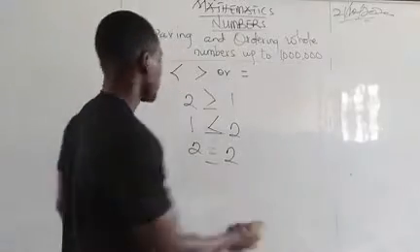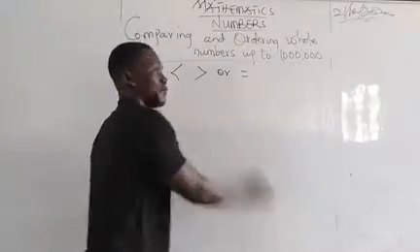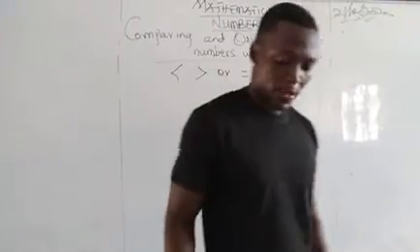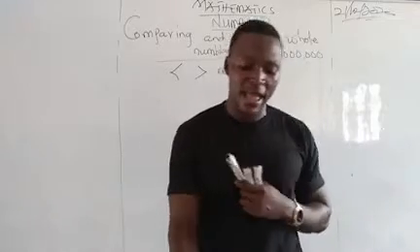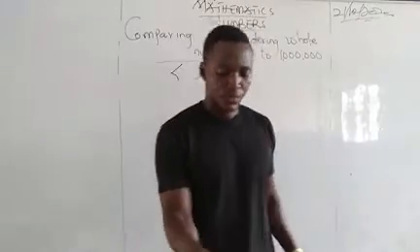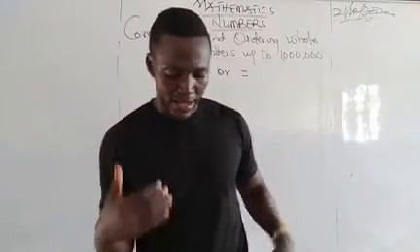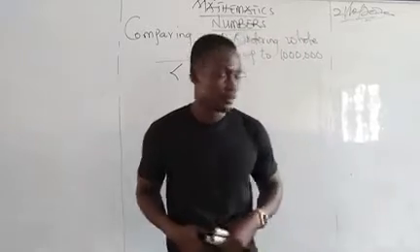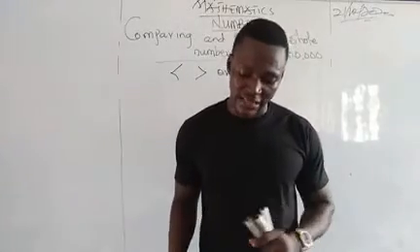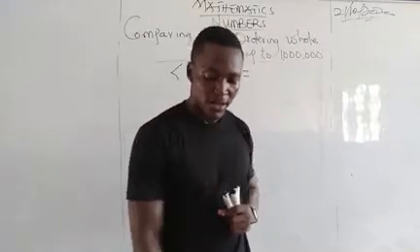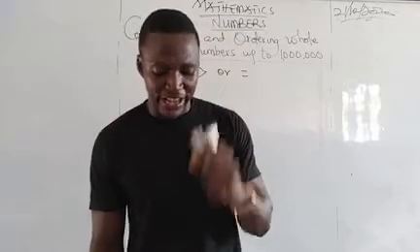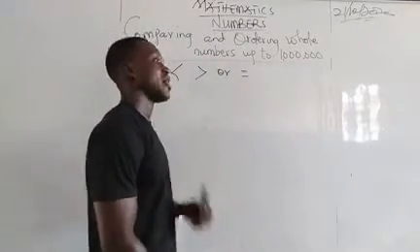Alright. And we also have rules for comparing and ordering numbers. So let's quickly listen to the rules. The first rule says that we need to count the number of digits each figure has.